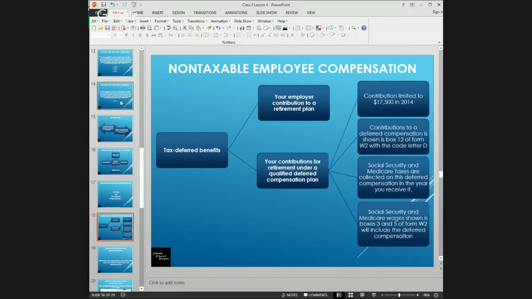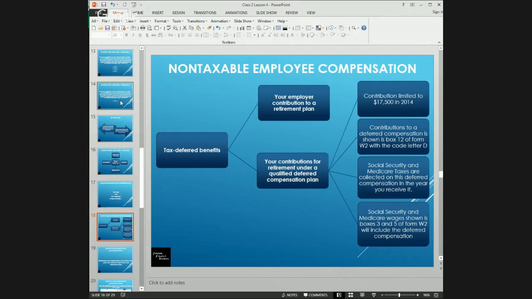The limit is going to be $17,500 in 2014. Contributions to the deferred compensation are shown in box 12, and you would see a code letter D. So if you're looking at your W-2 and you notice that there's a number with a code letter D, that net amount is reflective of the contributions that you made out of your income into a tax-deferred plan.